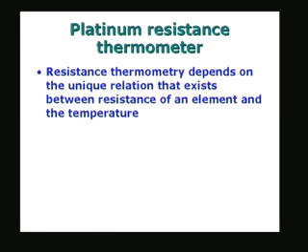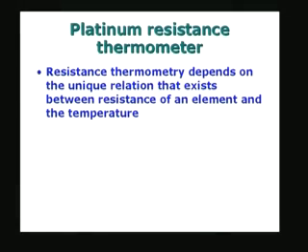Two thermometers I am going to look at, the resistance thermometer, platinum resistance thermometer in particular, and then I will also look at the case of thermistors, and we will see where these two types of sensors are useful, and we will also look at in detail how to use them and what are the characteristics of each and so on and so forth.